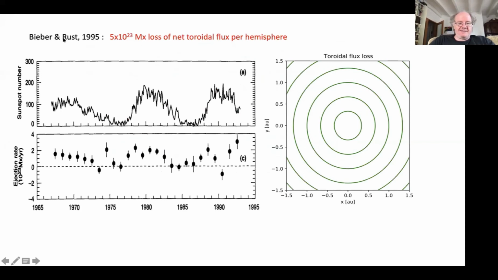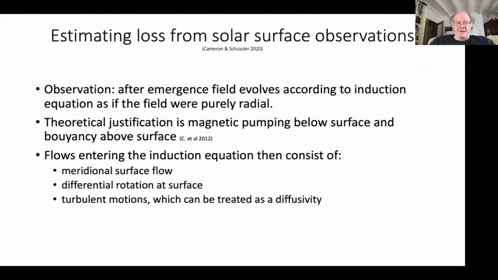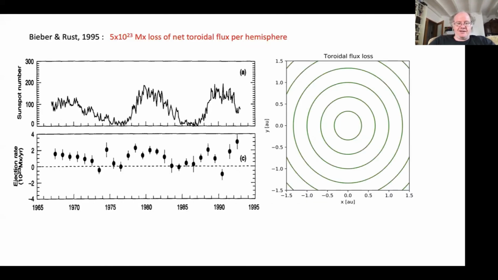Bieber and Rust calculated from the in situ measurements that about 5 times 10 to the 23 Maxwells of toroidal flux was being lost per hemisphere per cycle. This is possibly not small, but let's see what we can compare it to. We're going to follow the flux and see where this 5 times 10 to the 23 Maxwells comes from.